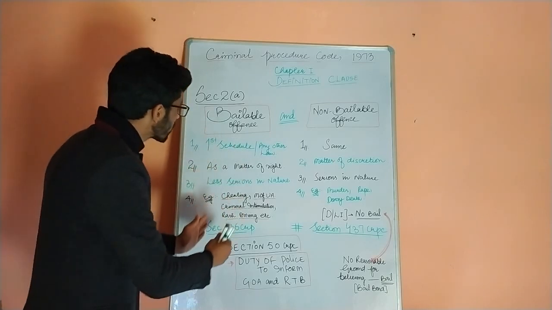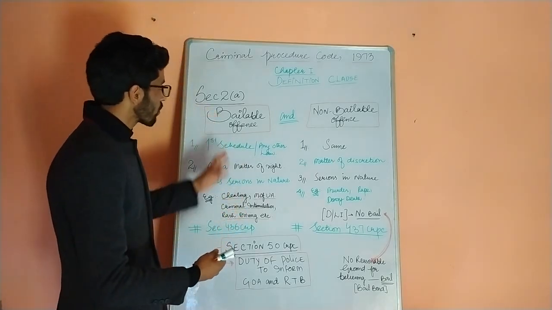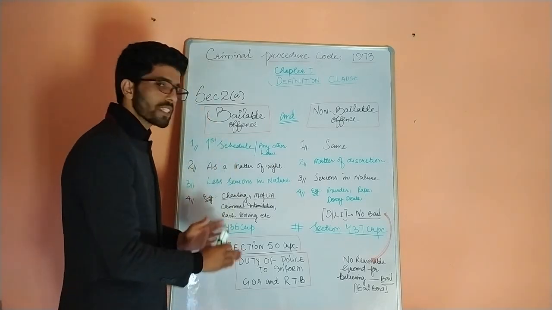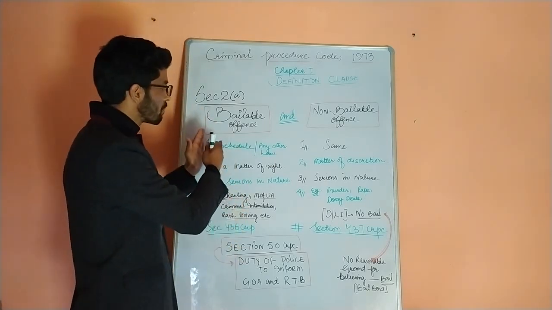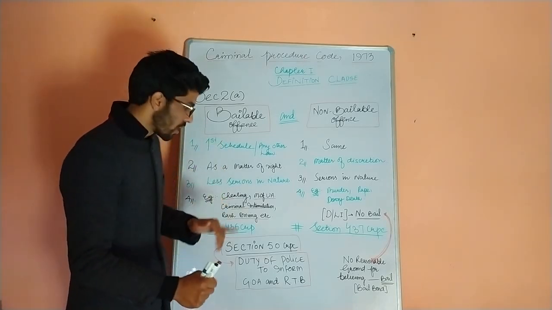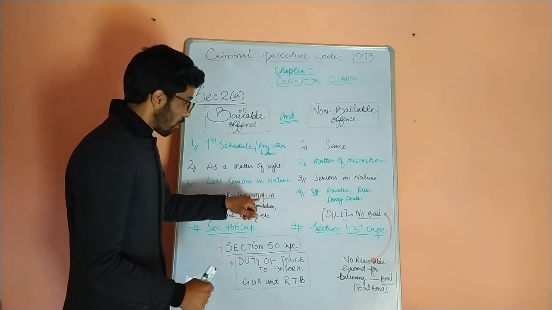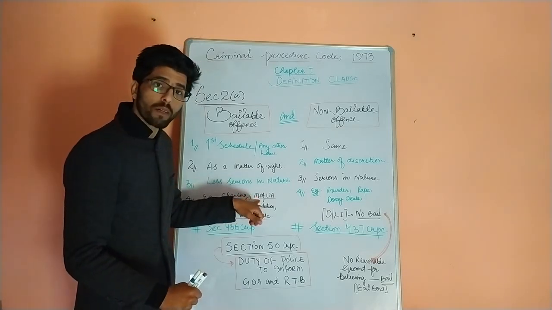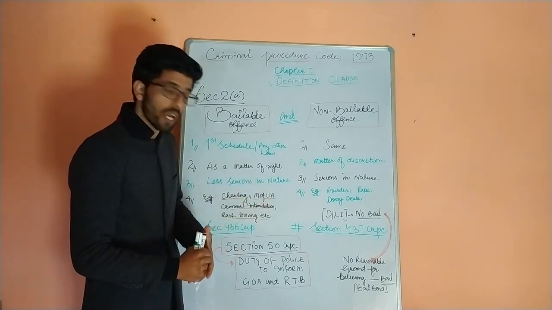तो अब कुछ examples लेते हैं by which we will come across these sort of offences. I have taken some offences which come within the ambit of bailable offences. Say for instance, we have cheating, which is punishable under 417 IPC. Whoever is a member of an unlawful assembly is punishable under 143 of IPC.